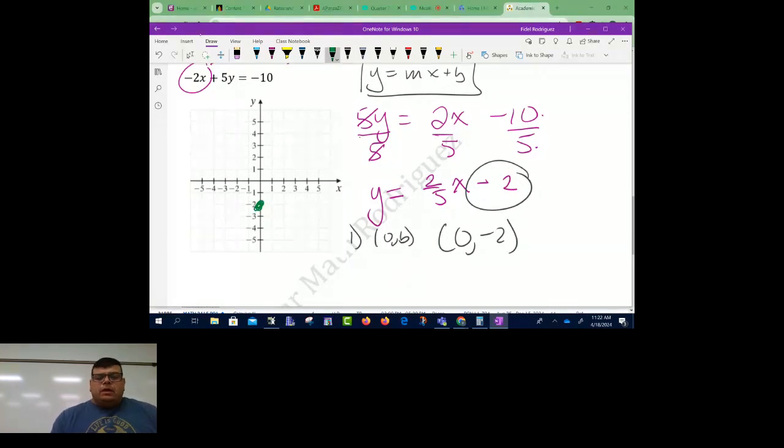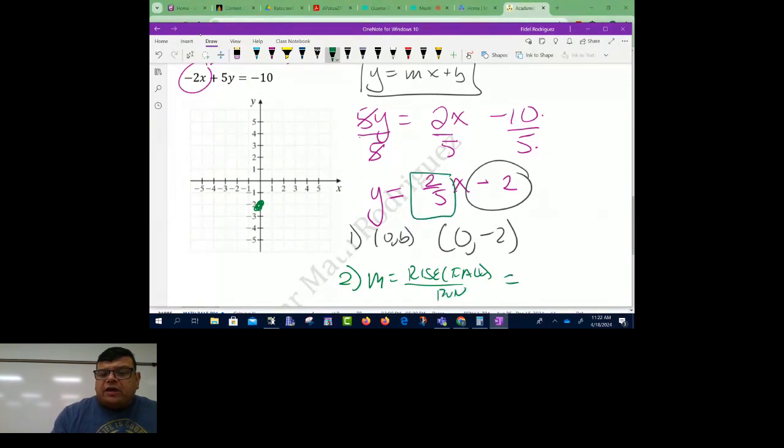Step number 2, let's find our m. Remember, y'all, it's either the rise or the fall over the run. In this case, my m is 2 over 5, right? So this is my rise. It's positive, so it's the rise over the run.